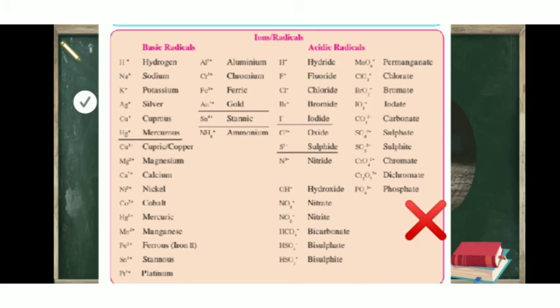But it is important also from the aspects of our study. So we must know the valencies, and some radicals are given here, you can read it out, but it is not in the portion, so no need to learn that, you just read it.